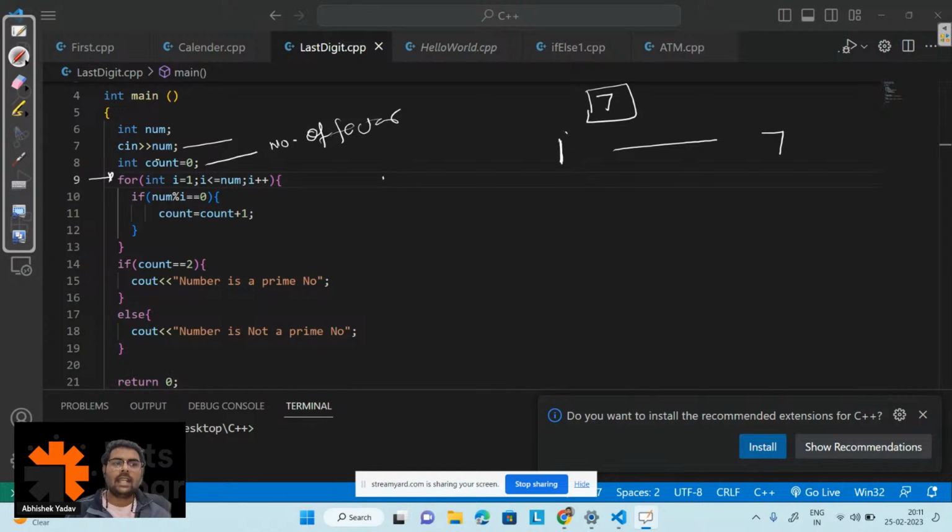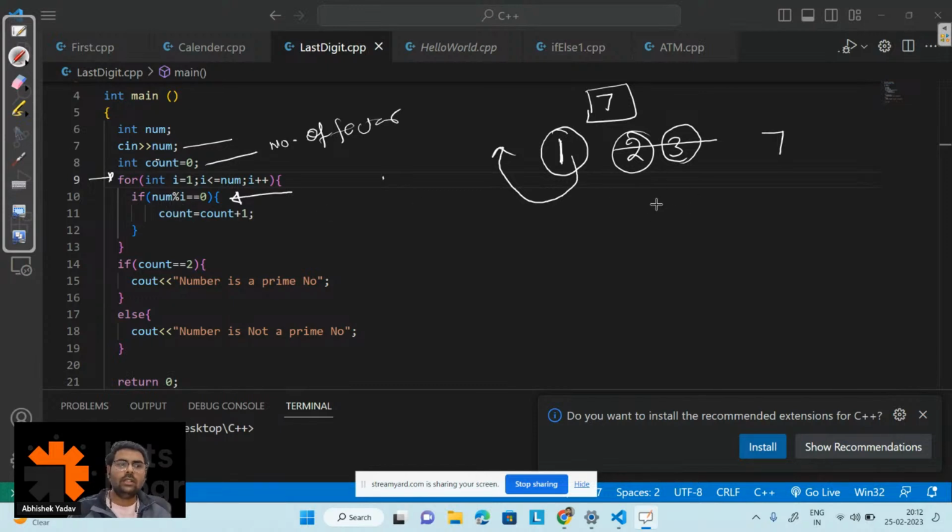I will take one number at a time and check whether this number is a factor of 7 or not, whether 2 is a factor of 7 or not, whether 3 is a factor of 7 or not, right, everyone? Like this, I can check. Inside the for loop, I am writing an if condition, and inside it I am taking modulo with i.